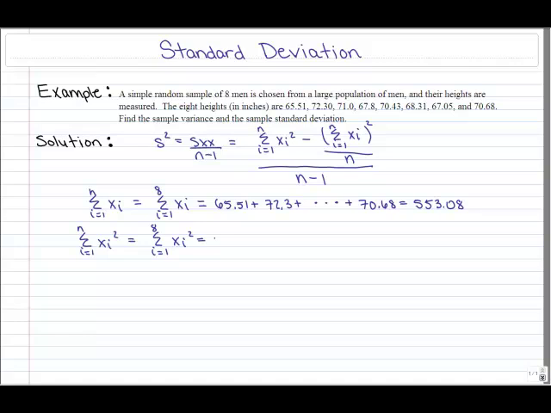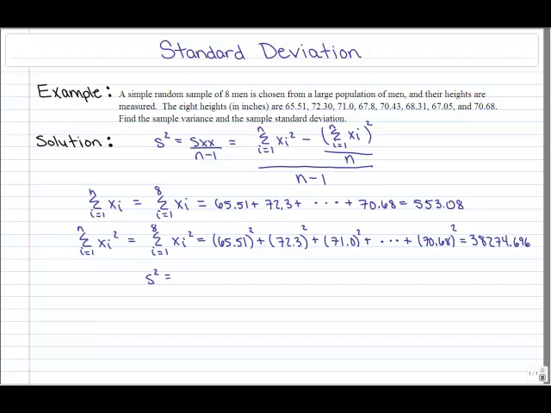In this case, you would take your first value, 65.51, square that, then add your second value, 72.3, square that, and so on up until you get to the 8th value of 70.68 squared. This should sum to 38,274.696.